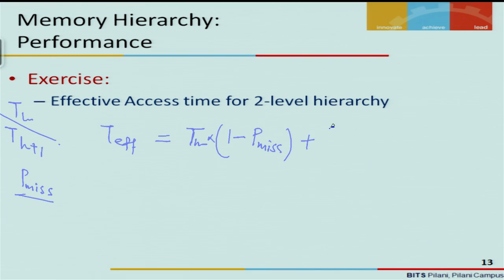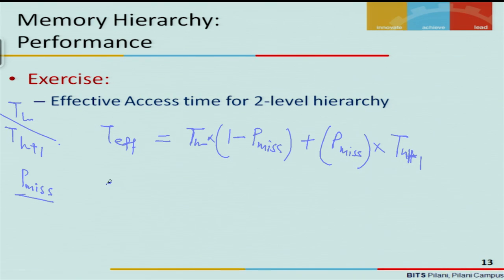The remaining data, that is P miss, the data which is not available in H level, has latency TH plus 1, and this TH plus 1 includes the access time of H plus the overhead required to access the data from the next level. So it includes both the times, right? In this way I can calculate the effective time.